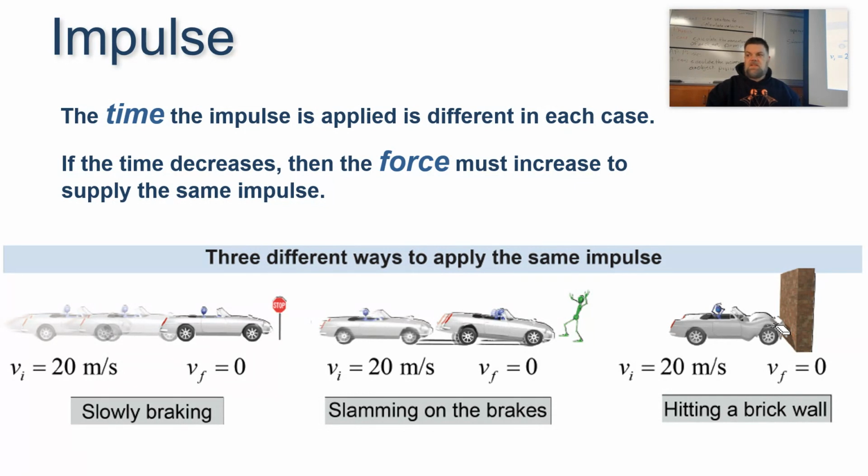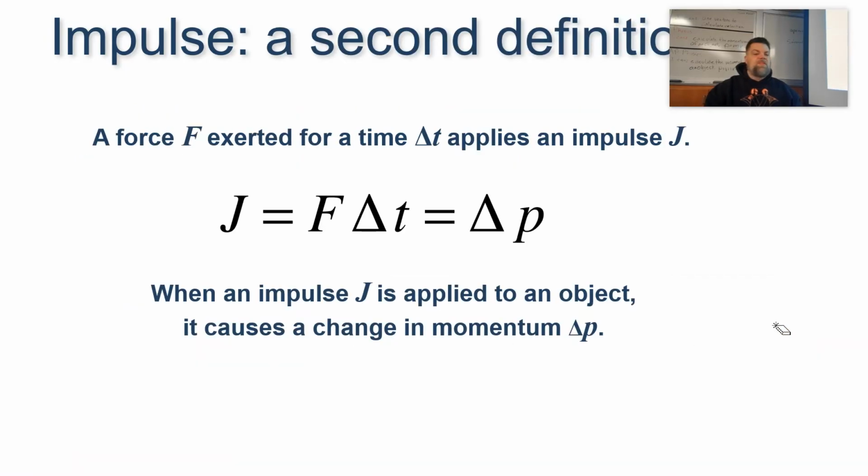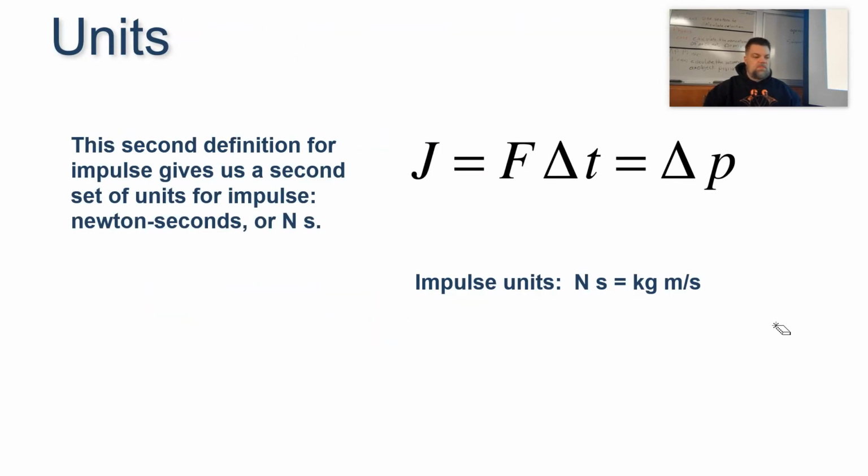Does that make sense? So remember that the force exerted for a time, write this down, delta T applies to the impulse J. So J is equal to the force times the time, which is also equal to the change in momentum P. Okay, and it's the same units.